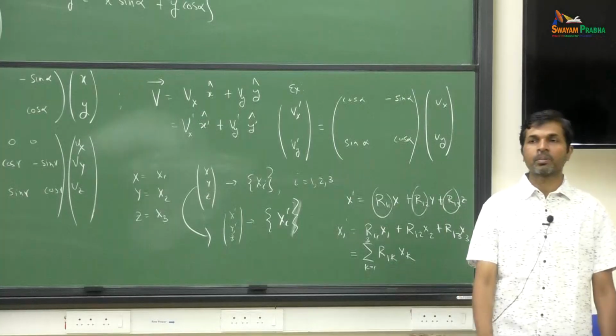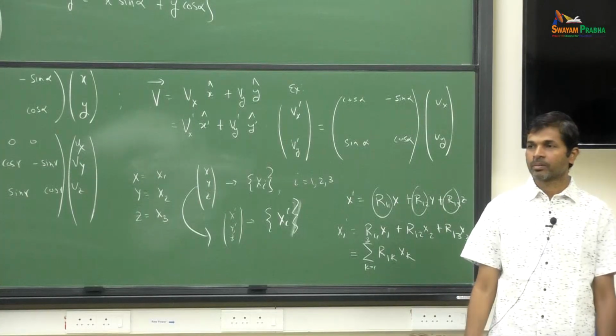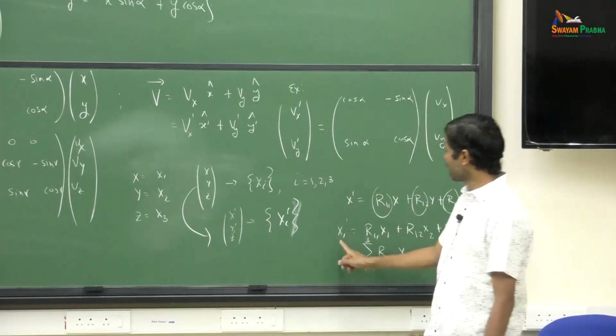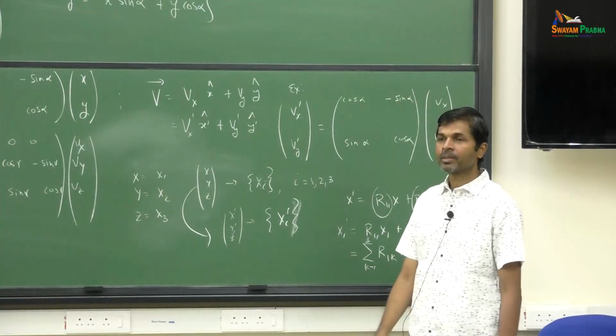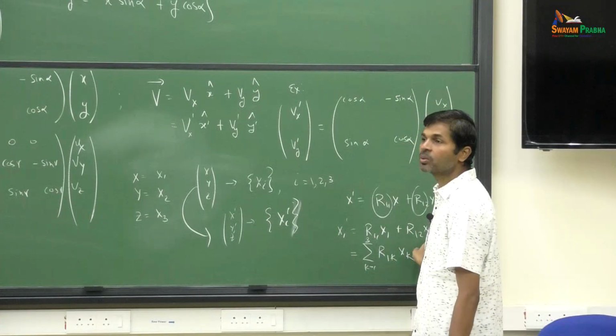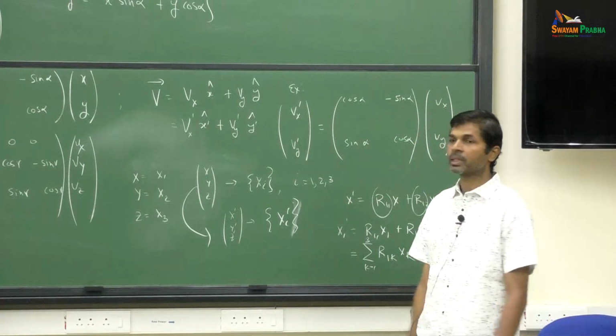Similarly, x2 prime will be some coefficients r21 x1, r22 x2, r23 x3.